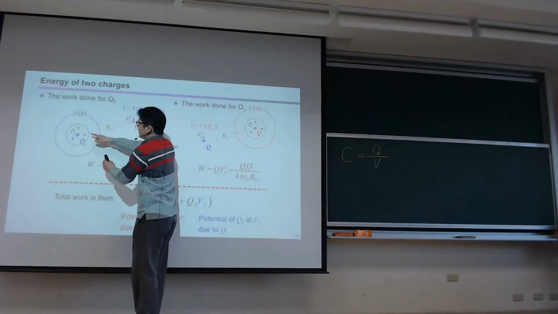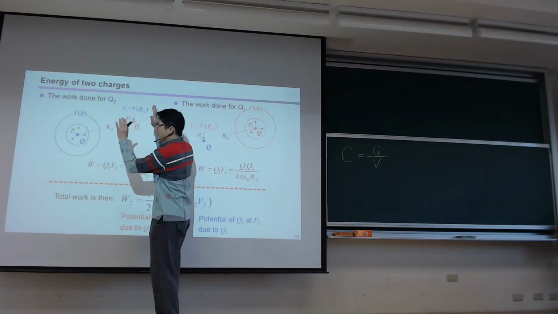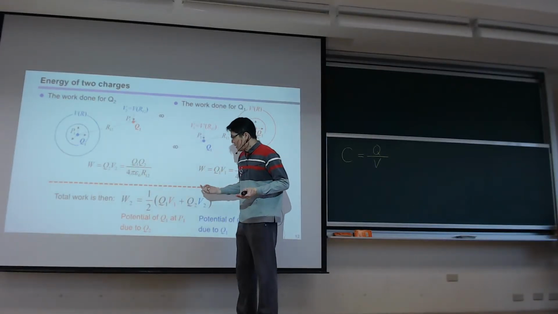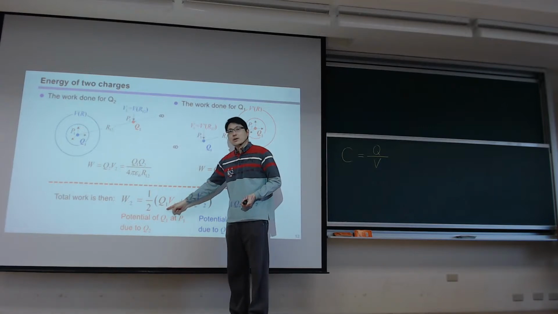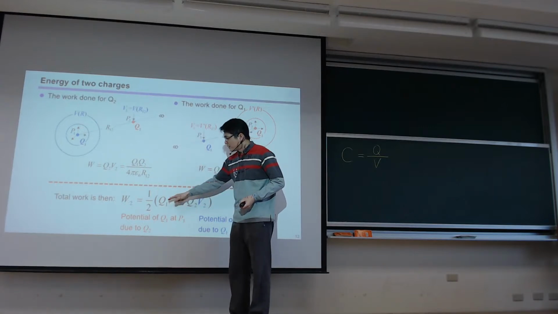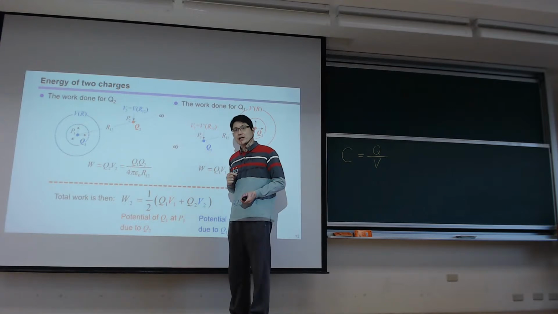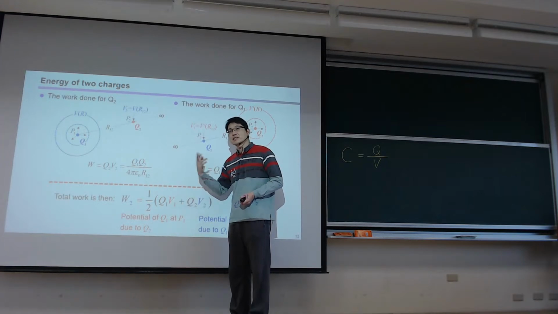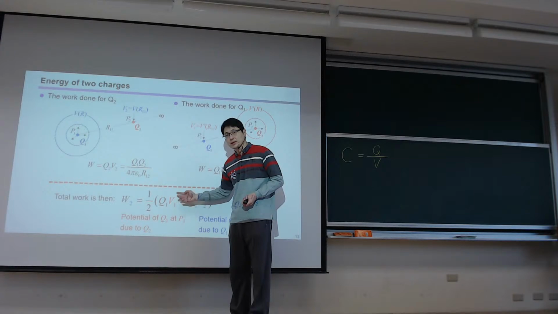So I'm looking at these two particles. They're already there, and I can just say, well, when I'm bringing the first charge into its location, I have to work against the electric field lines generated by the second charge, right?